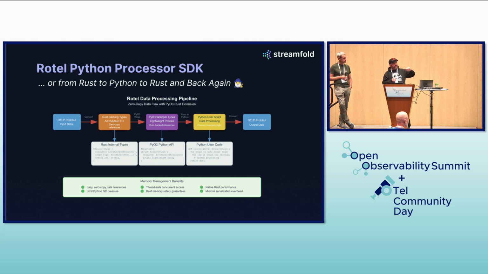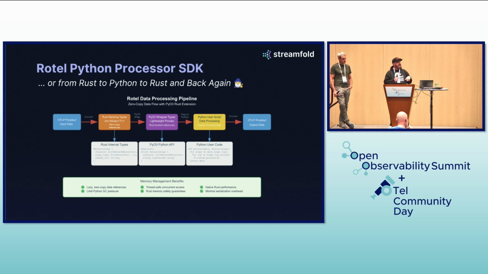Then we have a small set of wrapper libraries in Python, so when you say, I want to look at the resource logs, I want to look at the scope logs inside the resource logs, it's calling back into Rust through these lightweight Python types. What's really nice about the way it's implemented is that you can write idiomatic Python.